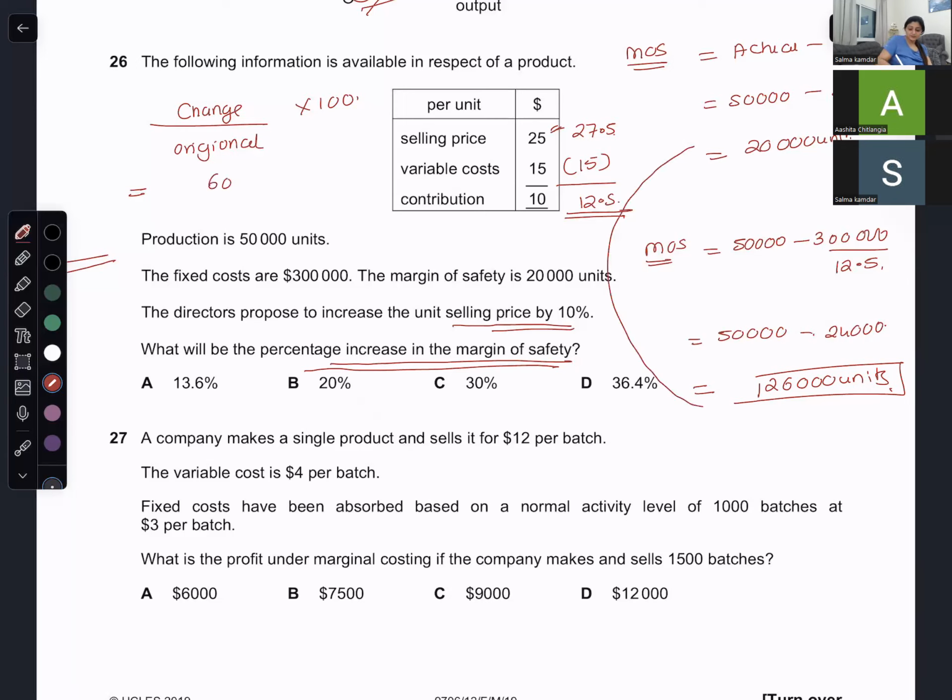What is the original margin of safety units? 20,000, into 100. So how much is the percentage increase? 30%.